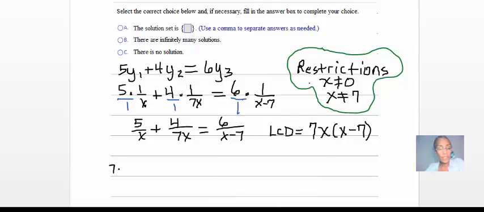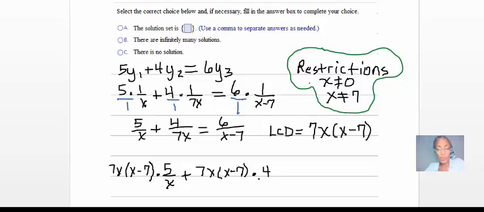So every term gets multiplied by this LCD. And because the LCD contains every factor that's in any of the denominators, each denominator is going to divide evenly into the LCD. And that's the whole point.